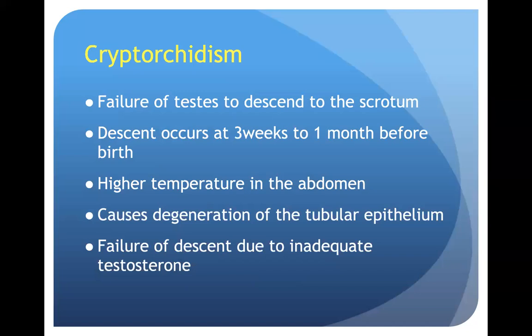There are some cases wherein the testis will remain inside the abdomen. And because of the higher temperature in the abdomen, the testis can get damaged. It has been found that the failure of descent of the testis is due to inadequate testosterone during fetal life. Okay?